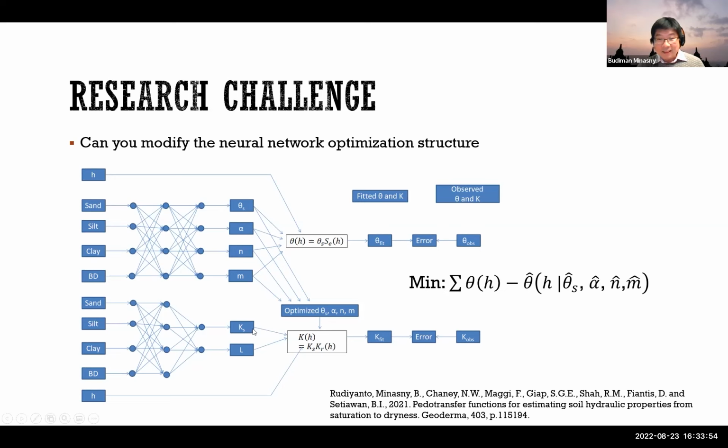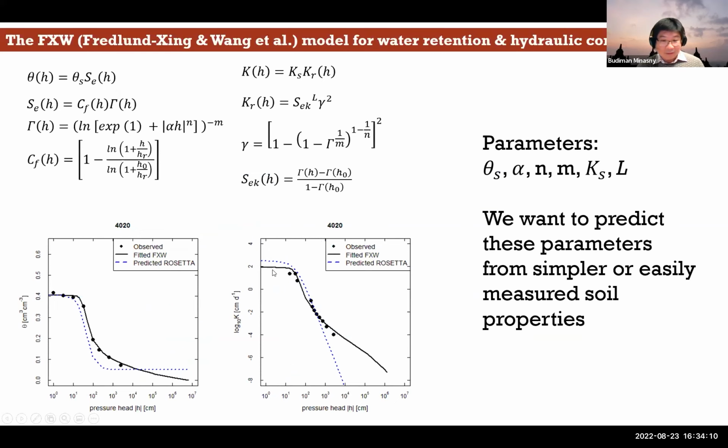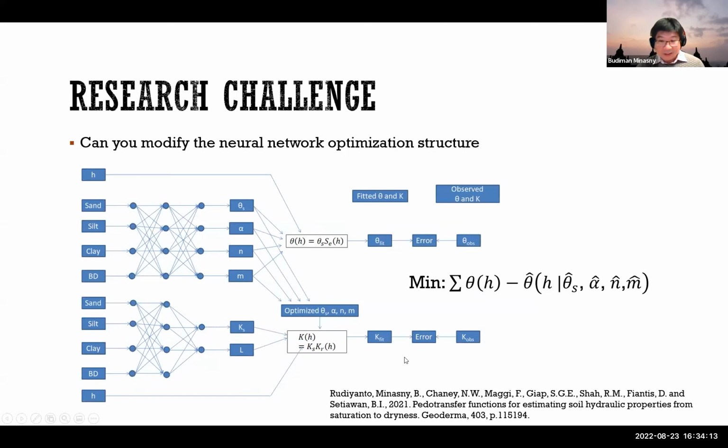So when we fit the CNN, we are not optimizing the predicted parameters, but we are optimizing whether the neural network can predict the actual water retention and hydraulic conductivity. So it needs a bit of modification of the neural network algorithm: you predict one thing, but you're actually optimizing the performance of the neural network in describing, for example, water retention.